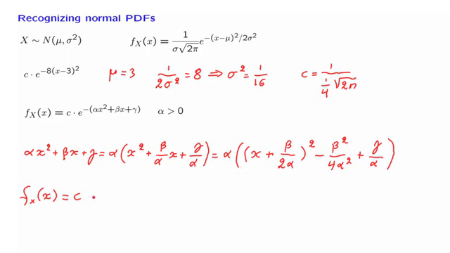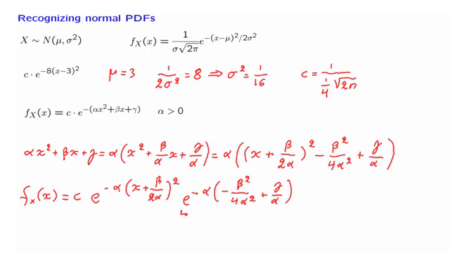Then we have the negative exponential of this term, e to the minus alpha times (x plus beta over 2 alpha) squared. And then there's the negative exponential of the rest, which is going to be a term of the form e to the minus alpha times beta squared over 4 alpha squared plus gamma over alpha.